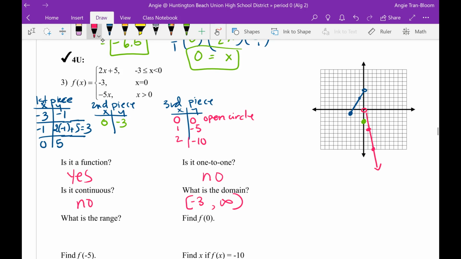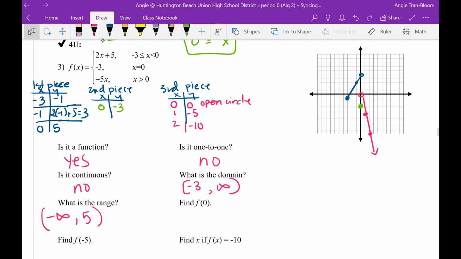How high up is that? Inclusive or non-inclusive at 5? Non-inclusive, because what kind of circle? It's an open circle. So it starts at, remind me one more time, where? Negative infinity all the way to 5. Both parentheses, both brackets? Both parentheses, okay?